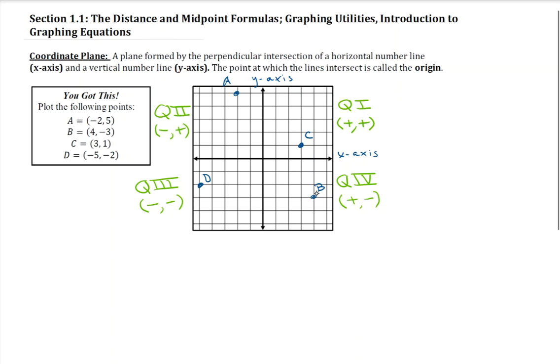Point C is 3, 1, and visually it's in Quadrant 1, and you'll notice that its x and y coordinates are both positive, so that lines up. And last but not least, point D, -5, -2. Point D is in Quadrant 3, and notice its ordered pair has an x-coordinate that's negative and a y-coordinate that's negative as well.